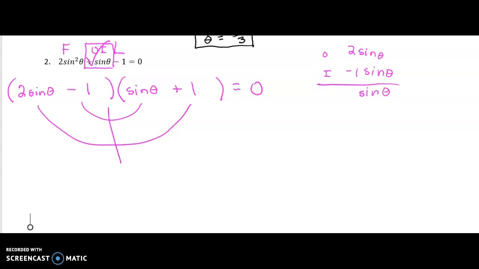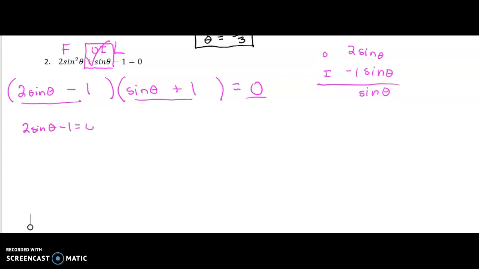So now we take our two factors, and we set them equal to 0. So we have 2 sine theta minus 1 equals 0, and sine theta plus 1 equals 0. And we will add 1 and divide by 2.